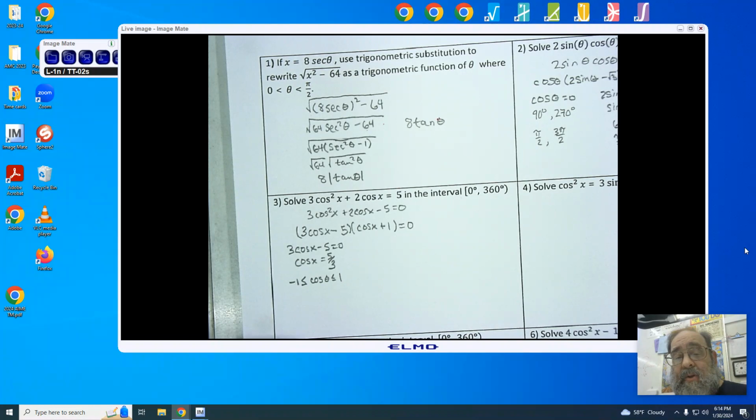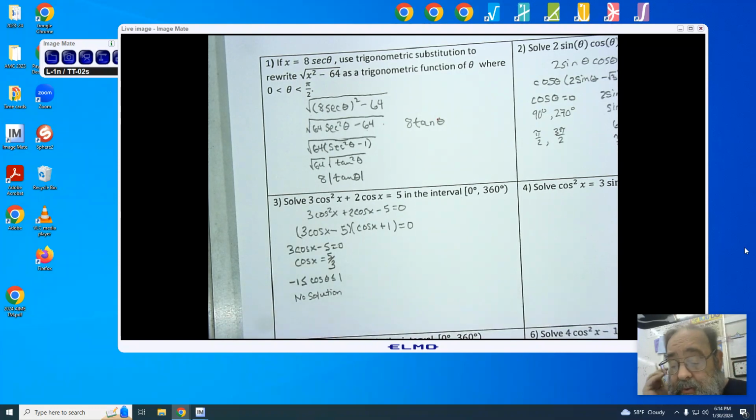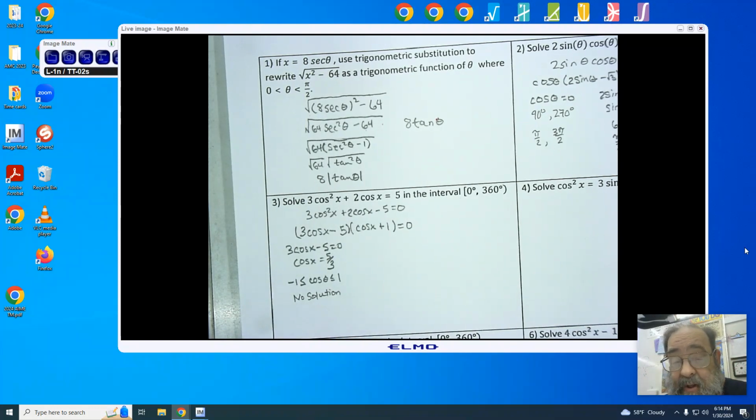We have to have an answer that can equal -1 or 1, and it has to be in between. 5/3 is 1 2/3, and that's too large. It does not work, and therefore no solution. Notice this isn't what we call an extraneous solution. It simply doesn't exist.